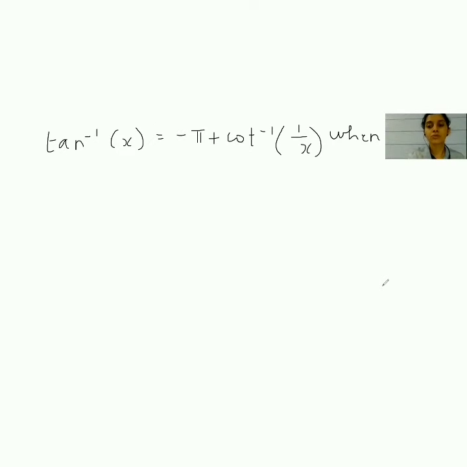That is your tan function. Now let's move on to the fifth one.